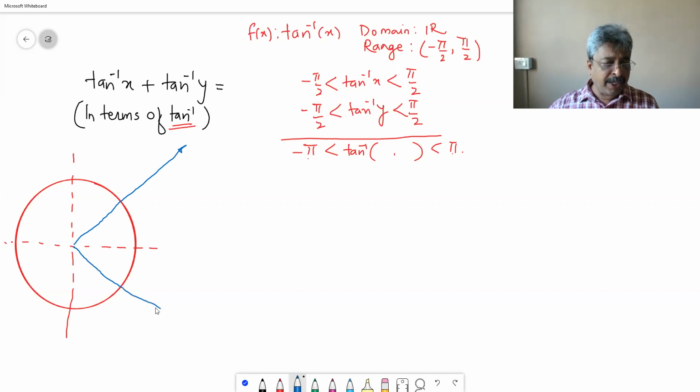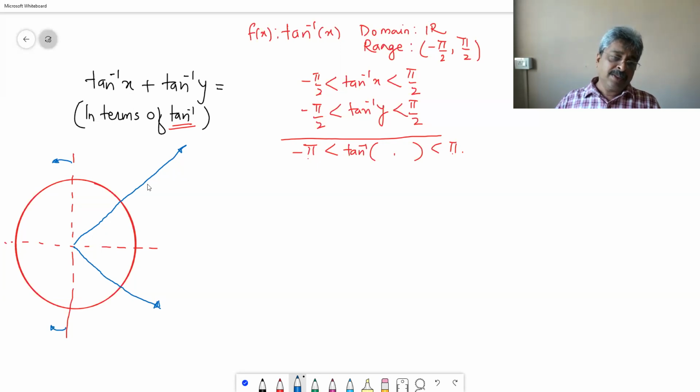If your terminal rays are like this, and the x value is such that tan inverse x lies in this zone and tan inverse y also lies in this zone, then no matter what you do, the summation will not exceed pi by 2 or be less than minus pi by 2.